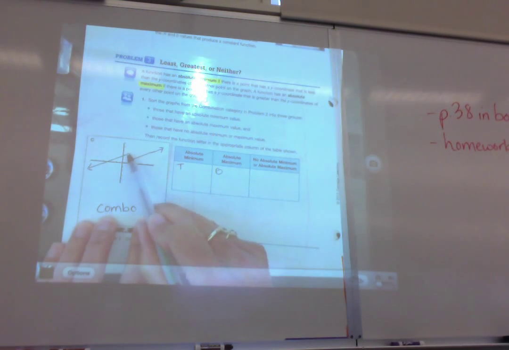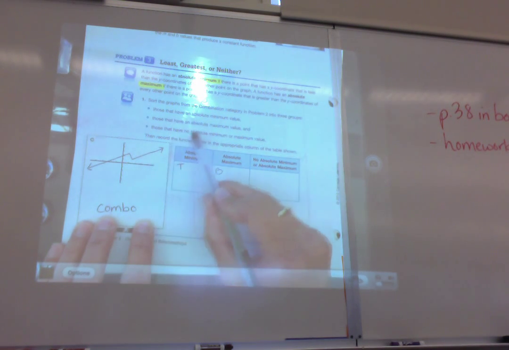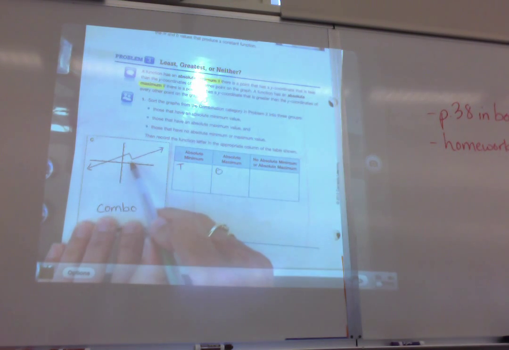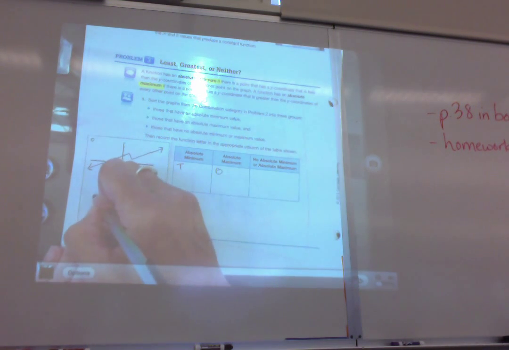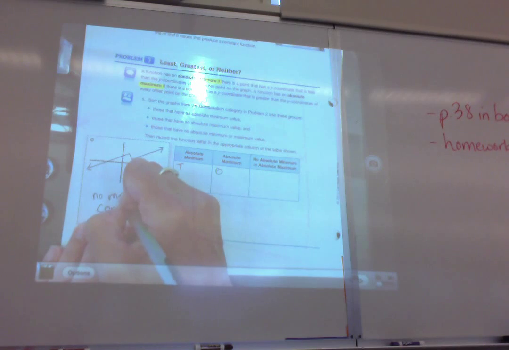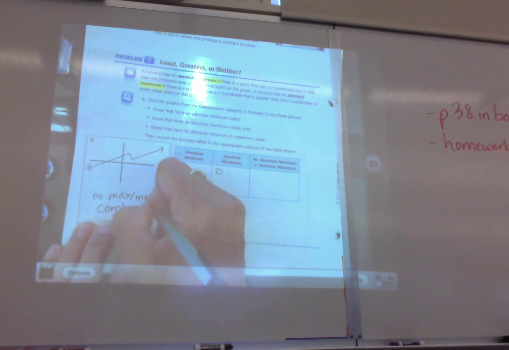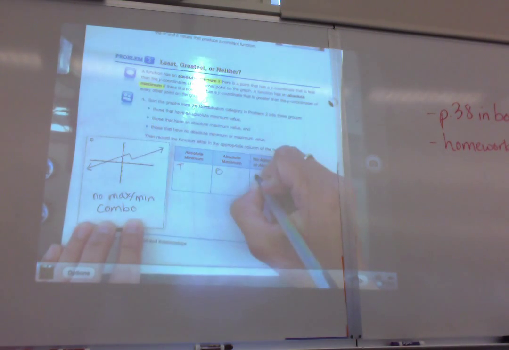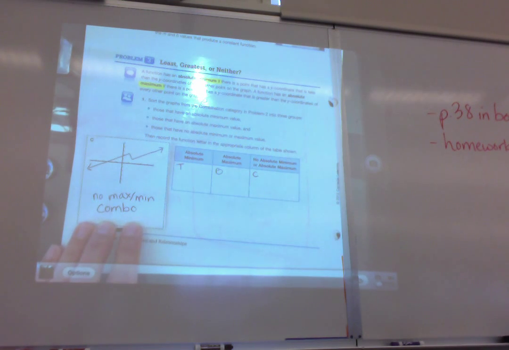So while that may look like the top, this keeps going up, up, up. And while that may look like a bottom, that side keeps going. So right here, I'm going to put no max or min, and I'm going to put a C right here.